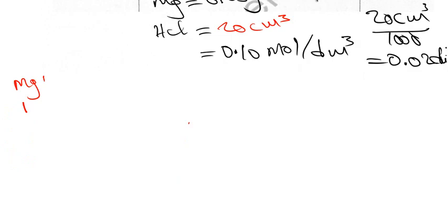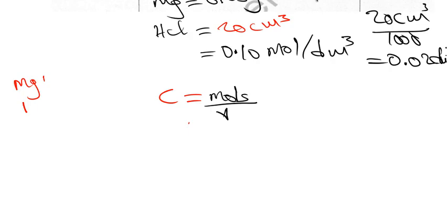So with what we've been given, we use what we have to get what we don't have. Since for hydrochloric acid we have the volume and the concentration, we can use the two to give us the number of moles for hydrochloric acid using the relationship which says concentration is equal to number of moles upon volume.